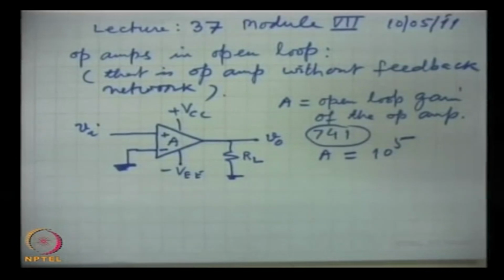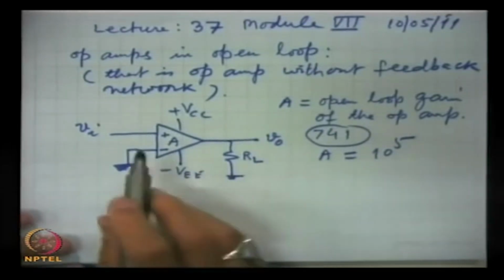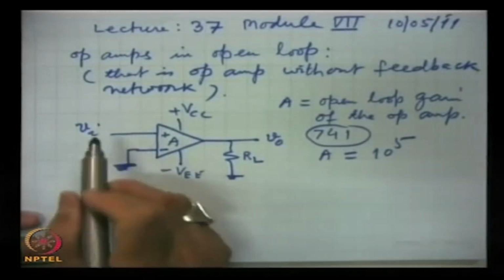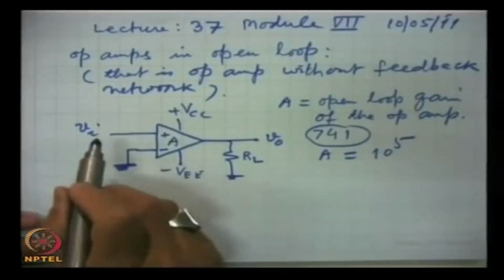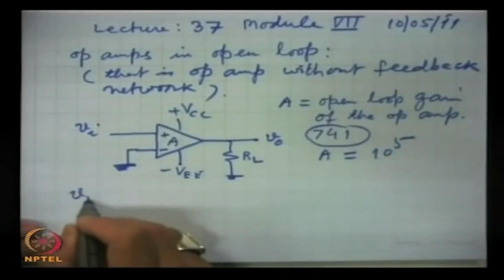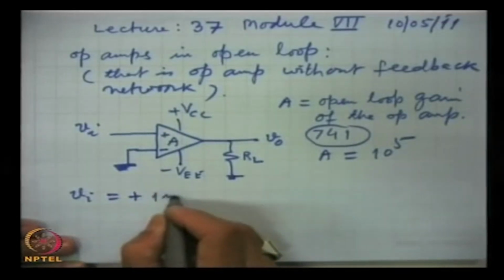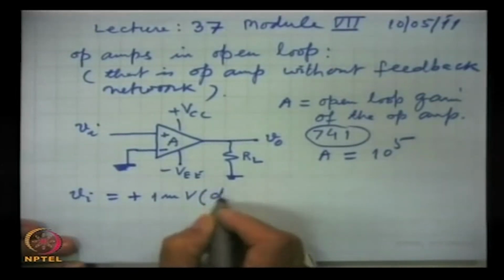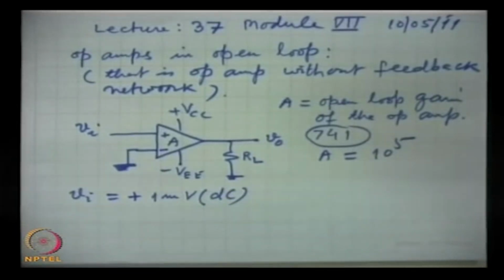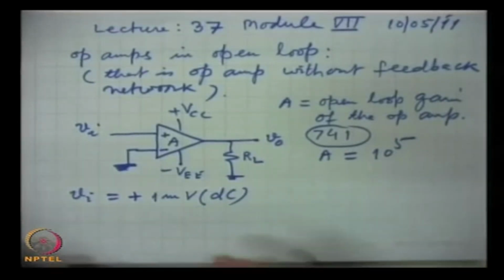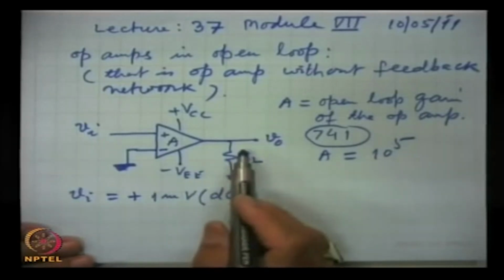Now, let us see what will happen if we apply, for example, a positive signal Vi of plus 1 millivolt. Let us say this is DC. Mathematically, what will be the output?